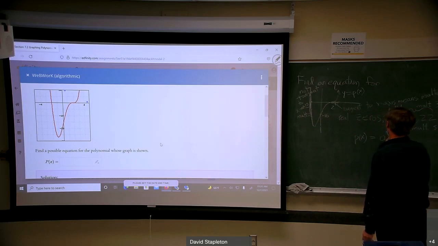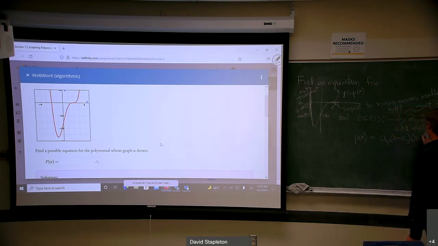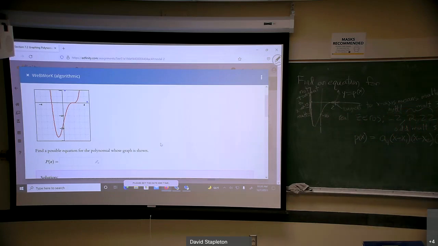It's a4 times x minus x1 times x minus x2 times x minus x3 times x minus x4 by equation 1, assuming n equals 4 from our guess here.